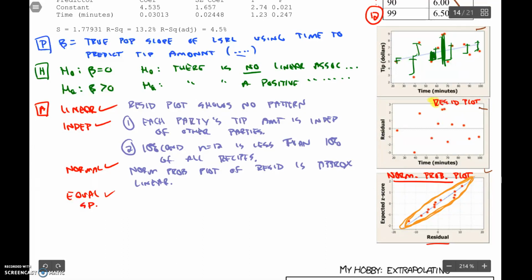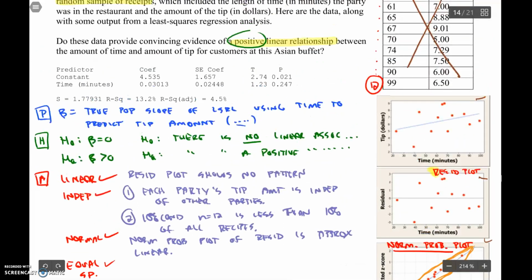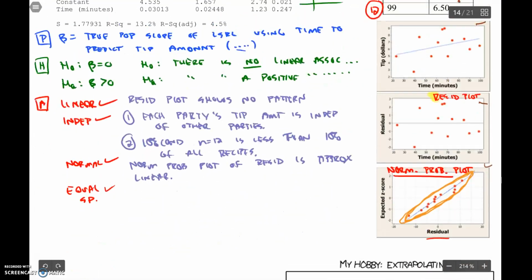But we only have 12 data points here. The question is, are you seeing consistent fanning out, like when it failed, close and then really spread out? We're not seeing that, so I'm going to say it passes.